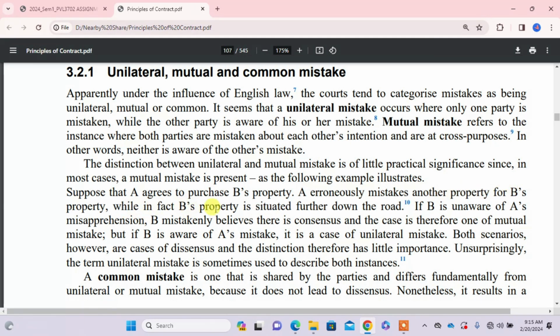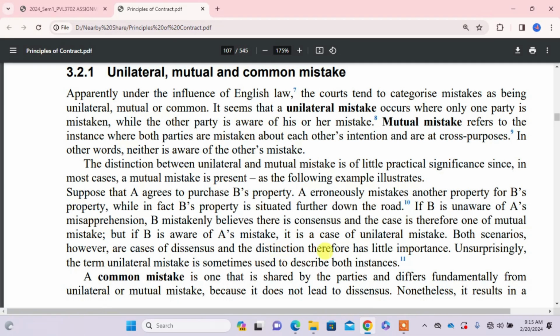If B is unaware of A's misapprehension, B mistakenly believes there is consensus, and the case is therefore one of mutual mistake. But if B is aware of A's mistake, it is a case of unilateral mistake. Both scenarios, however, are cases of dissensus, and the distinction therefore has legal importance.